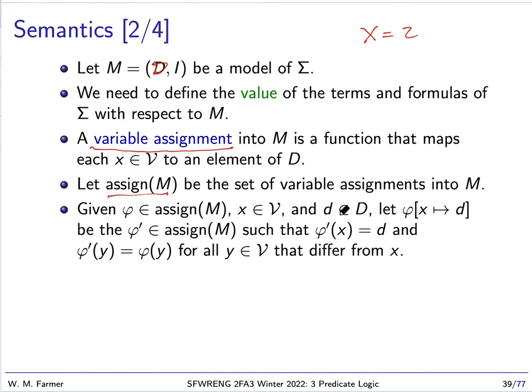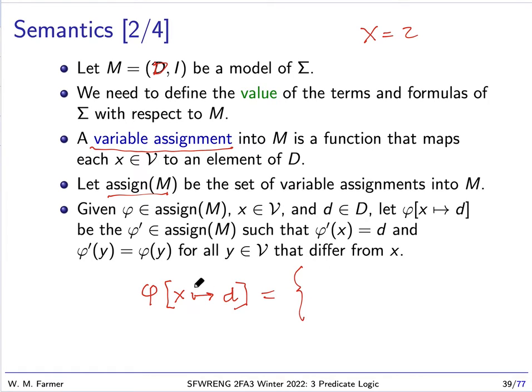And now we have to have this little technical definition. If I have a variable assignment phi, so this maps every variable to a member of D, I may want to adjust it slightly. I may want to take some variable x and change its definition. Let's say x goes to some value. I want to change it to a different value. I'll call that value d.